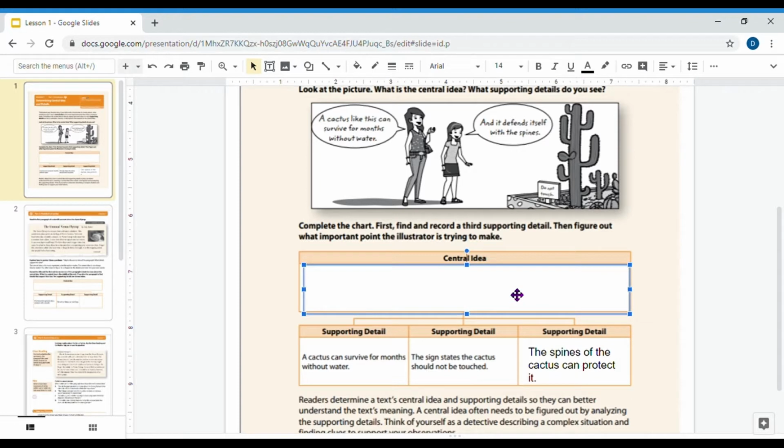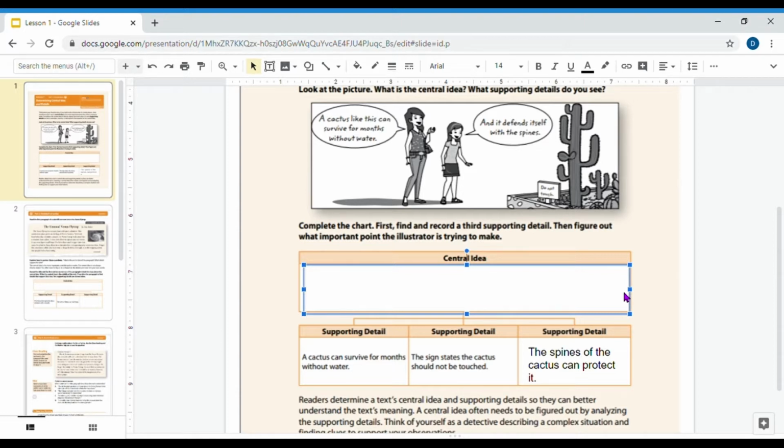So now I've got my 3 supporting details here, and I've got to figure out what is the overall central idea of this little comic strip. So we have to think about what these 3 supporting details have in common.